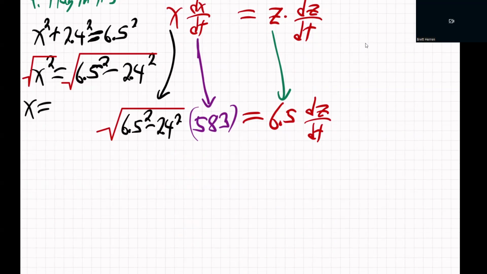Okay, last step. Let's solve this for dz/dt. Just divide by 6.5 on both sides. Boom, boom.